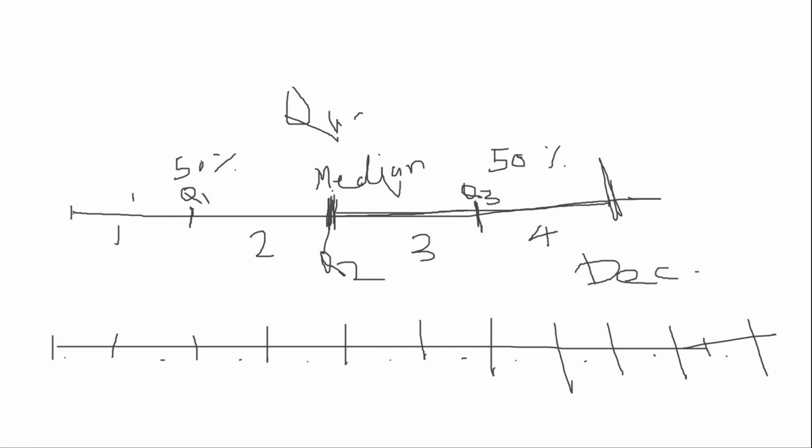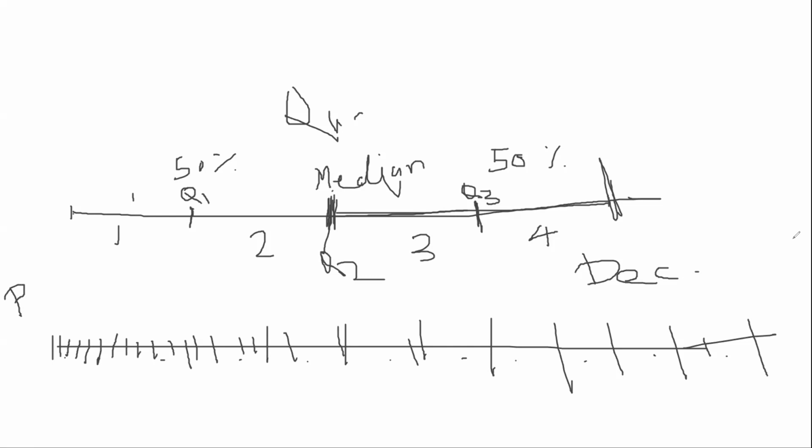Similarly, if you divide this data into 100 equal pieces, please understand these are going to be 100, though I'm not able to draw all 100, then that is called percentile, because that is 100 pieces. Is it making sense to everyone?